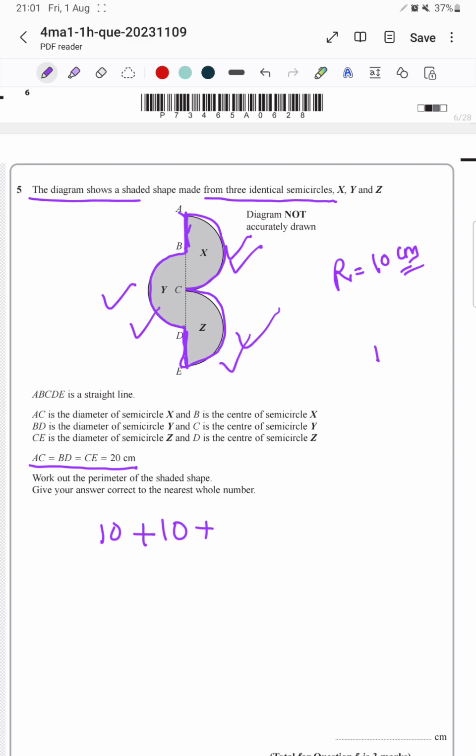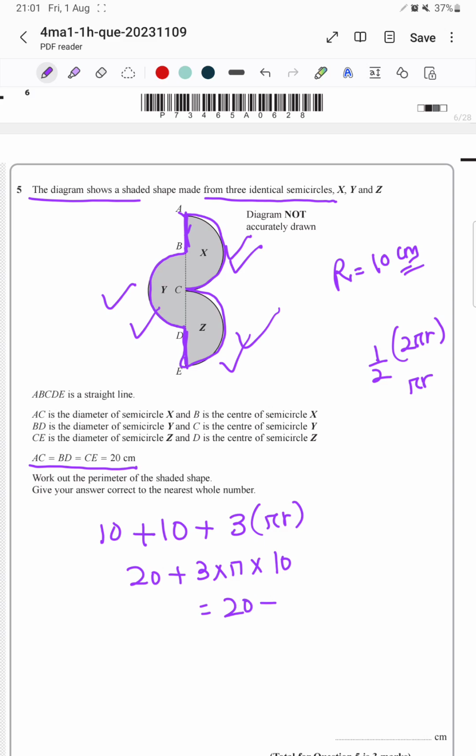Half circumference means half of 2 pi r, because 2 pi r is the circumference of the full circle and pi r will be the circumference of the half circle. So there are 3 half circles, so it will be 3 times pi r, and that is 20 plus 3 times pi times radius, which is 10.